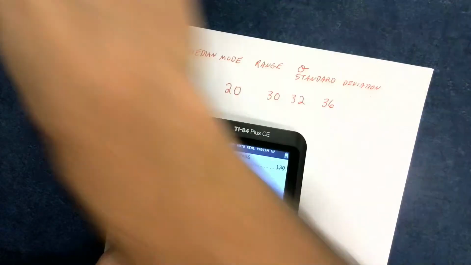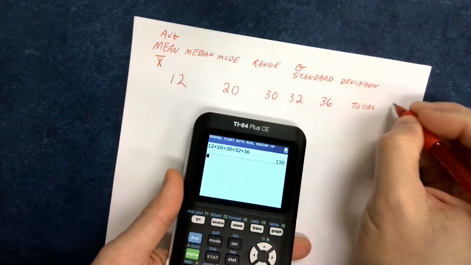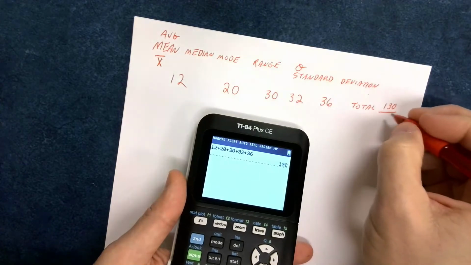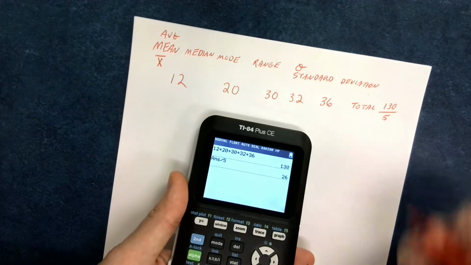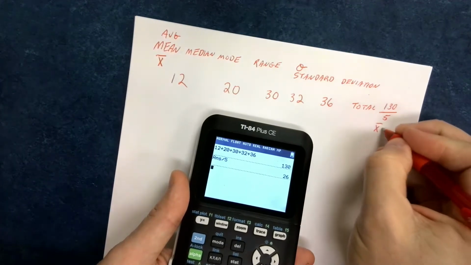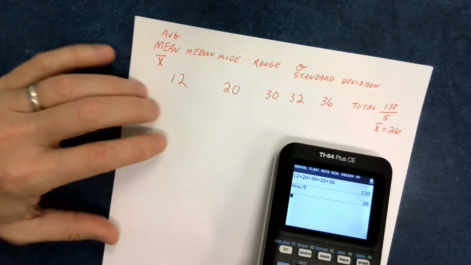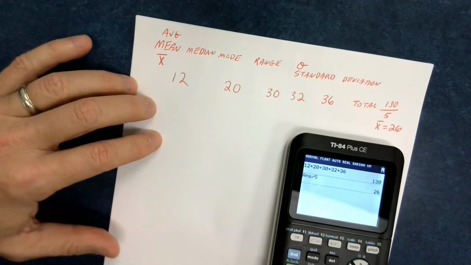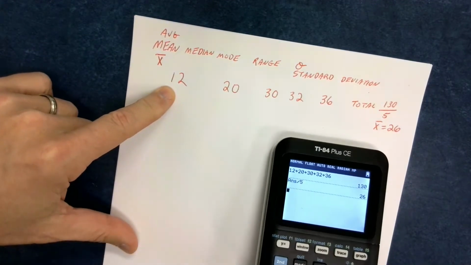I get a total of 130, and I simply divide that by how many numbers there are, n, in this case 5, so 130 divided by 5 gets me an x bar of 26. Okay, so you can see that the average of 26 is kind of pulled down a little bit because we've got this one number here that's a 12.